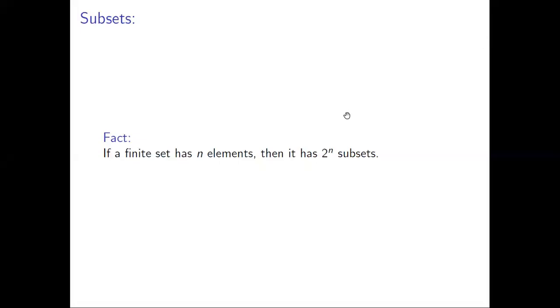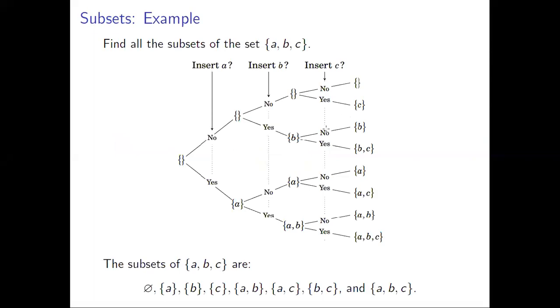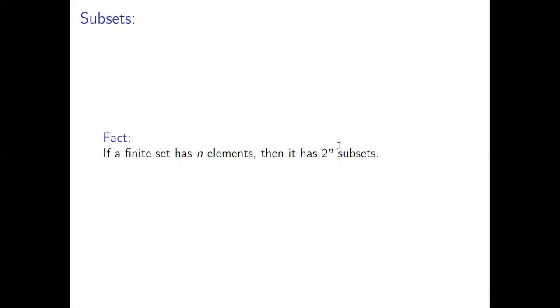Now here's an interesting fact that is somewhat suggested by the tree from the previous slide, but I wouldn't say that the tree proves it in any way, I'm giving it to you as a fact. If a finite set has n elements, meaning assuming it's not an infinite set, because strange things happen when you're dealing with infinite sets, but a standard finite set, if it has n elements, n could be any number of elements, then it has 2 to the power of n subsets.